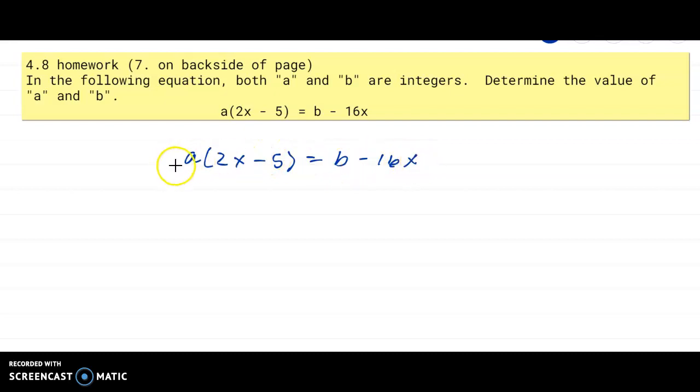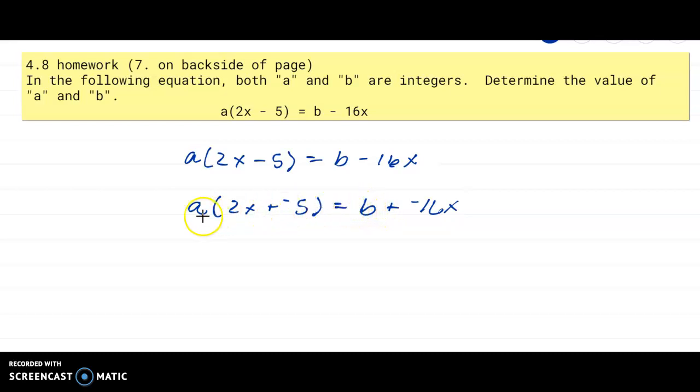The first thing I'm going to do, once I have the original equation written, is to rewrite it, and I'm going to change subtraction to adding the opposite. So then I will have a times 2x plus negative 5 equals b plus negative 16x. Now I need to know the value of a and b.